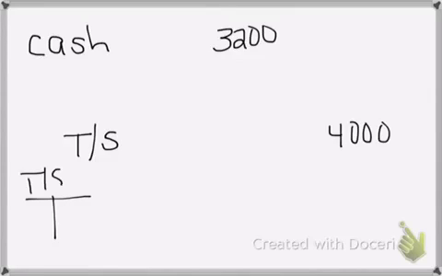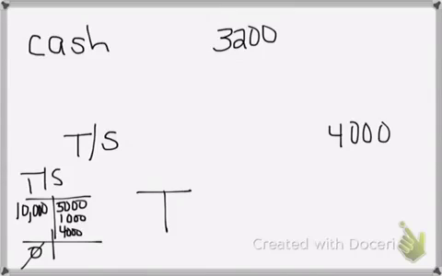And if we look at these accounts here, as I said, we started with 10,000, we did 5,000, we had another 1,000, now we're at 4,000. So now we are actually at zero because we have gotten rid of all the treasury stock that we had purchased.